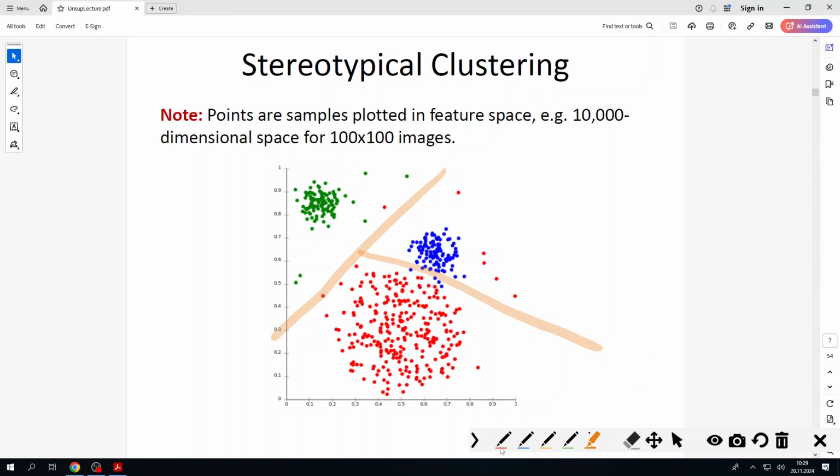But as you can see, there are some red points in the blue region, there is also a red point in the green region, and also some blue points in the red region. So these boundaries, these regions, are not going to be straight lines. They will have a much more complex shape.